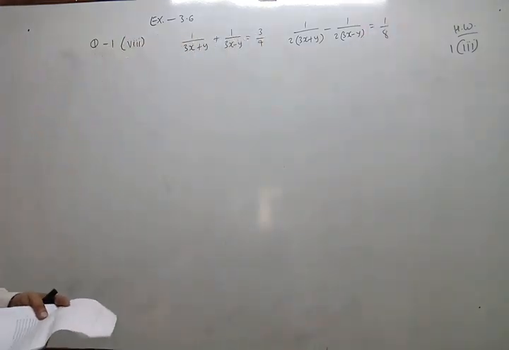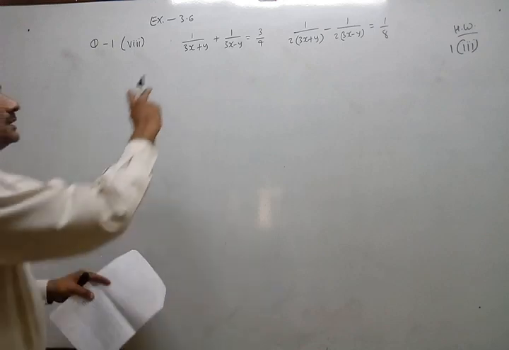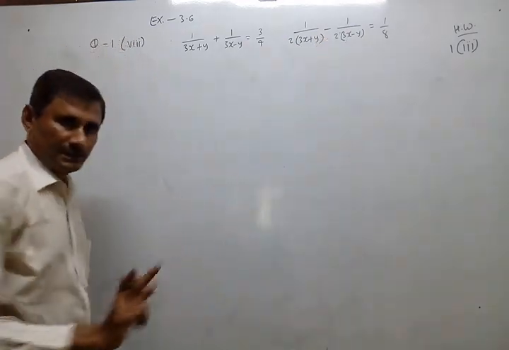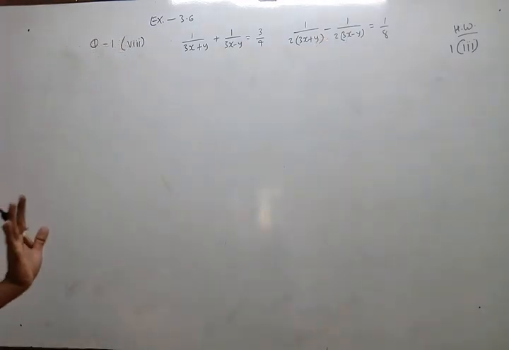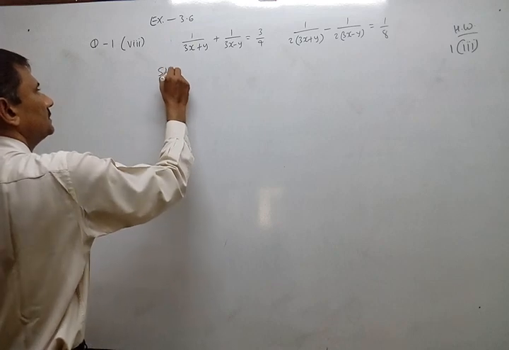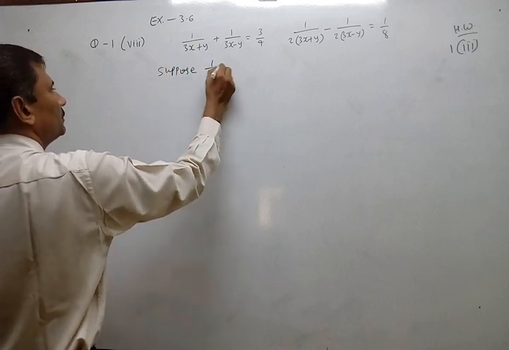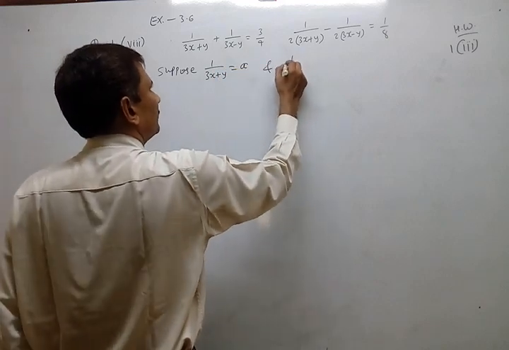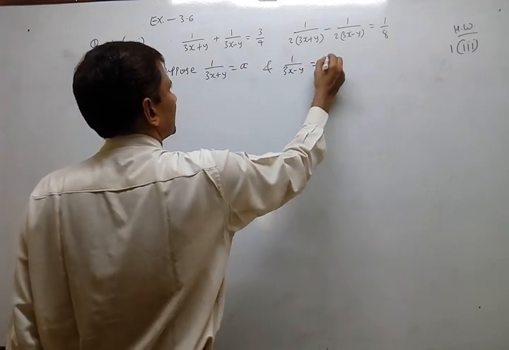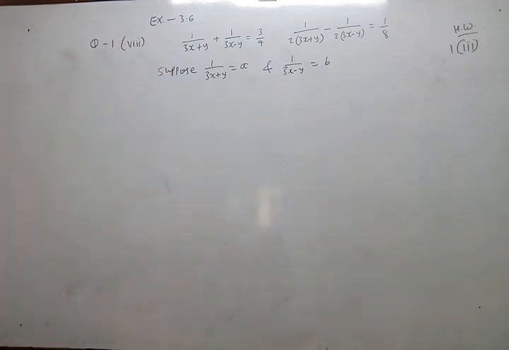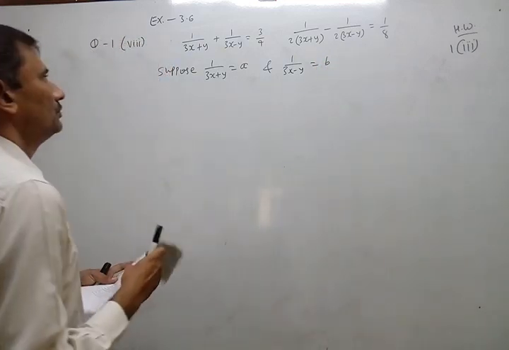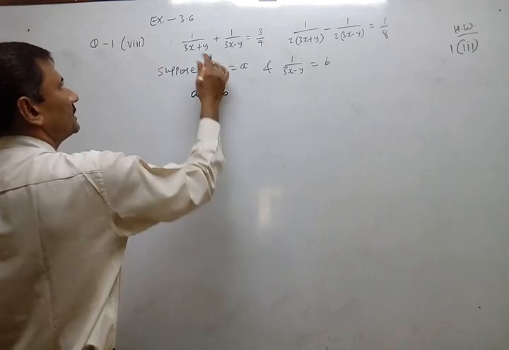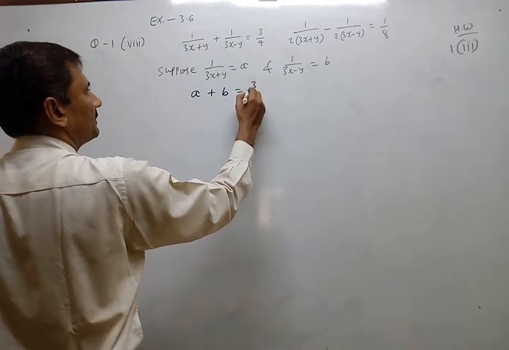As per our usual practice, suppose according to the given binomial; don't involve the coefficient in the supposition, it remains there only. So suppose 1 upon 3x plus y equal to a and 1 upon 3x minus y equal to b. Now the first equation becomes a plus b equal to 3 by 4.